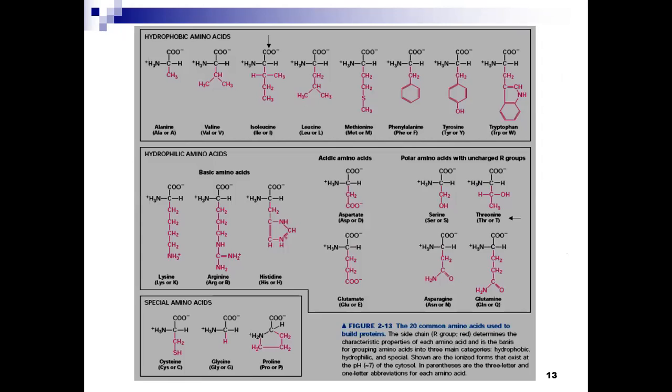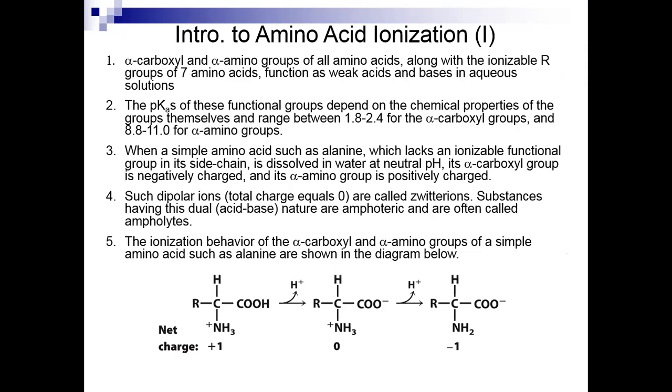Amino acids, as far as their ionization is concerned, mostly have alpha carboxyl and alpha amino groups, along with ionizable R groups, which are present in almost 7 amino acids.